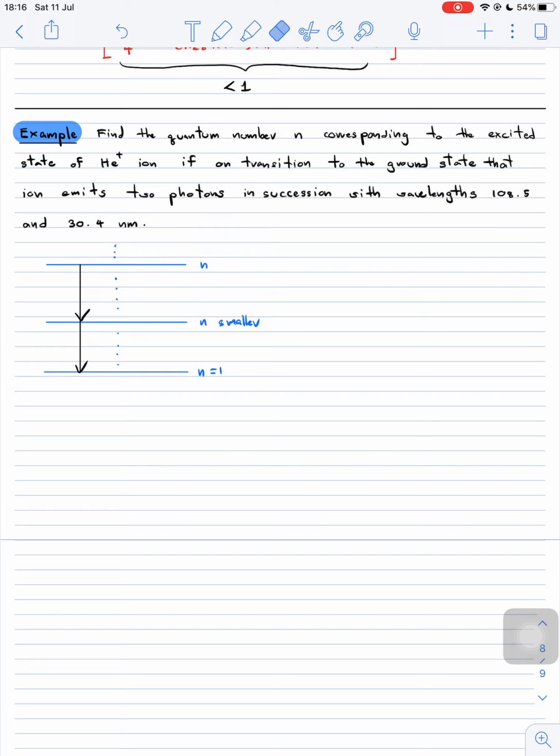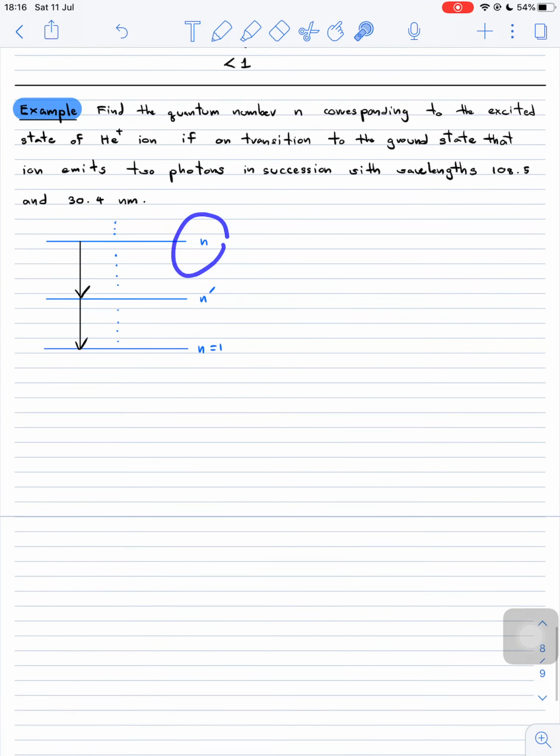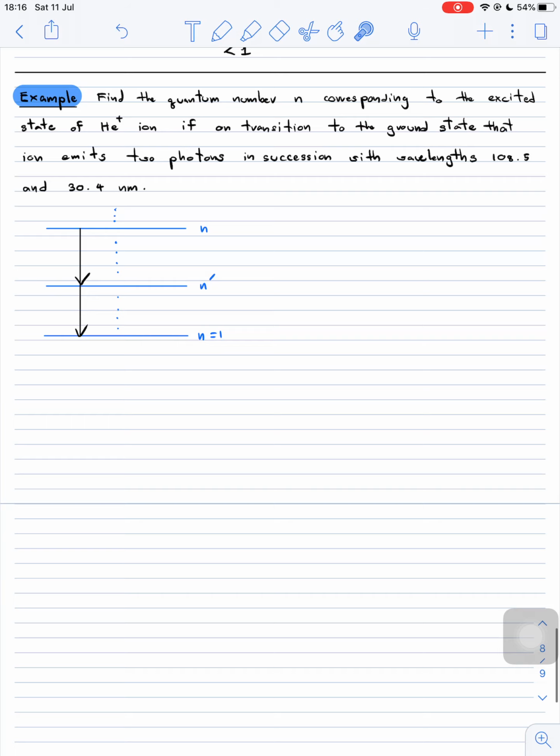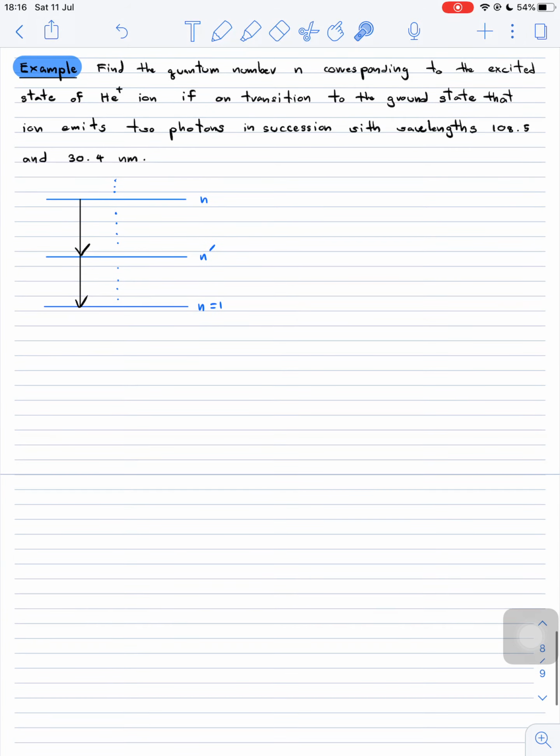Okay, so let's say this will be n and n prime, and n equal to 1. So how do we solve this one?